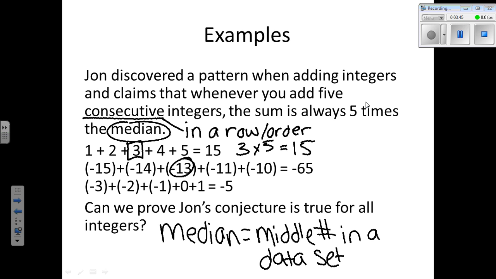In our second one, 13 is our median. 13 times 5 is 65. Negative 1 times 5 is negative 5. So, do you think we can prove that his conjecture is true for all integers?